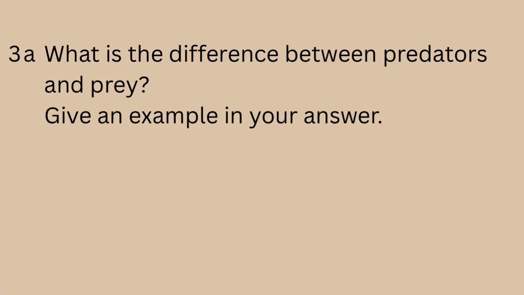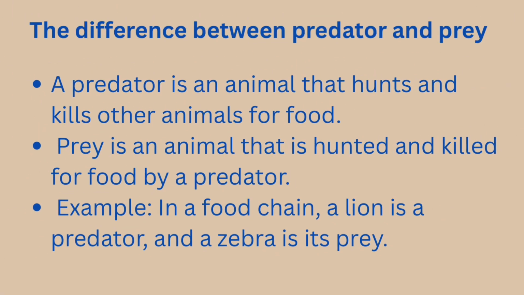Question number 3. A. What is the difference between predators and prey? Give an example in your answer. A predator is an animal that hunts and kills other animals for food. Prey is an animal that is hunted and killed for food by the predator.